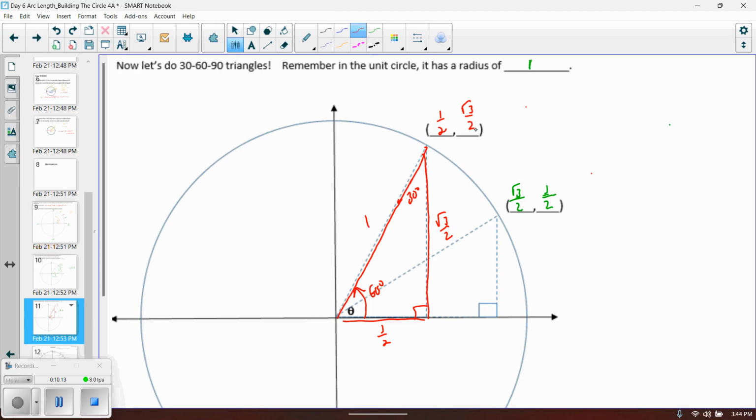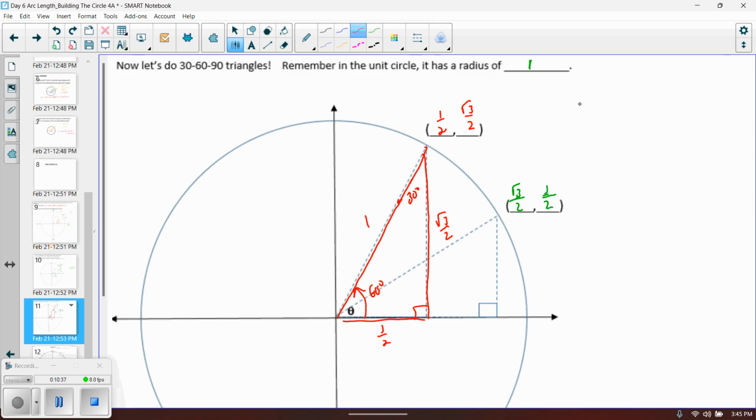And the one thing that I hope you are going to start to recognize is that your 30 and 60 degree angles are always going to have the same ordered pair, but reversed. So you can obviously see that the 1/2 and the square root of 3 over 2 are in both of them. One of them is the x, one of them is the y. It just happens to be that in the other triangle, they are reversed.